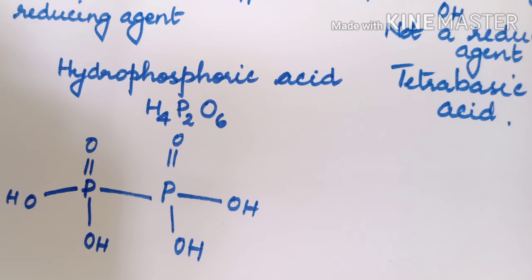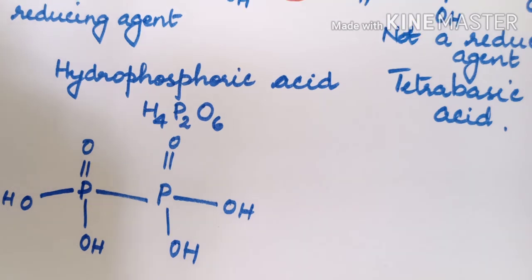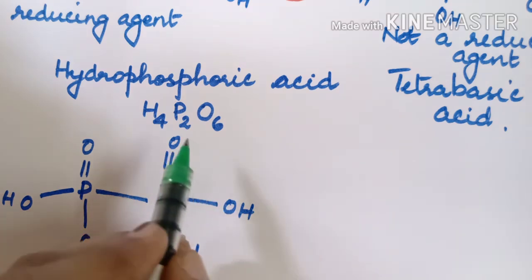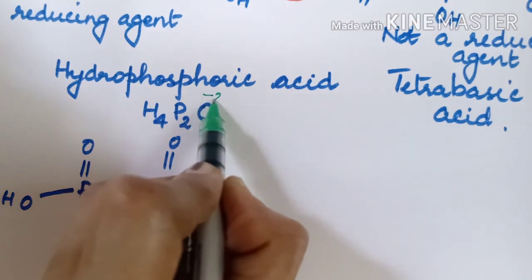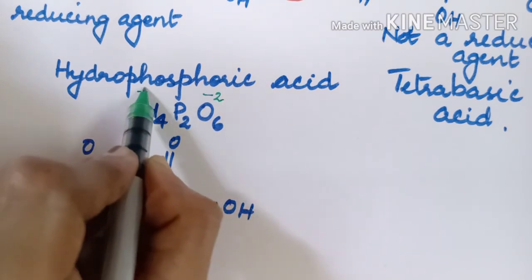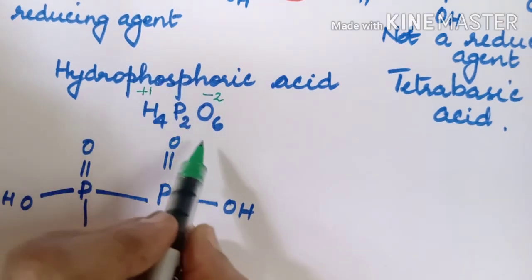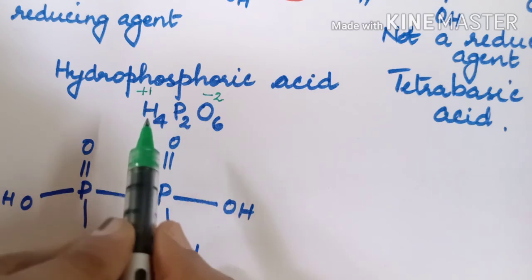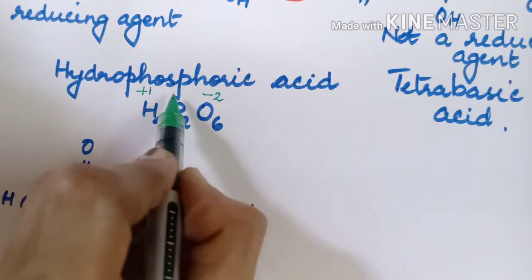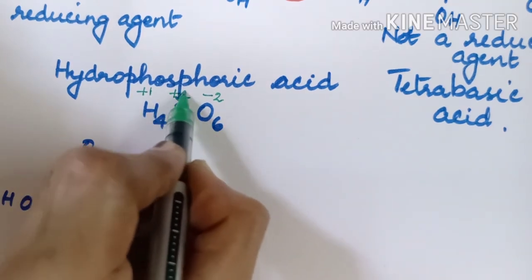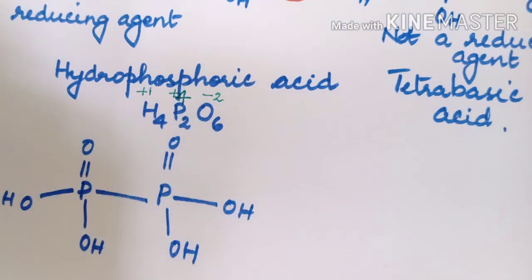It cannot act as a reducing agent as there are no P-H bonds in it. What will be the oxidation state of phosphorus in the molecule? Here you find that oxygen is carrying -2, hydrogen is carrying +1. So with the result you have +4 as the oxidation state for phosphorus.